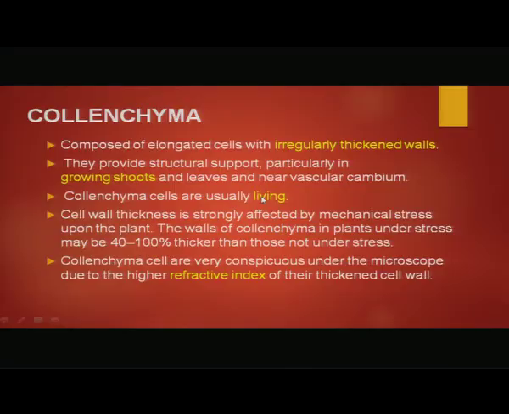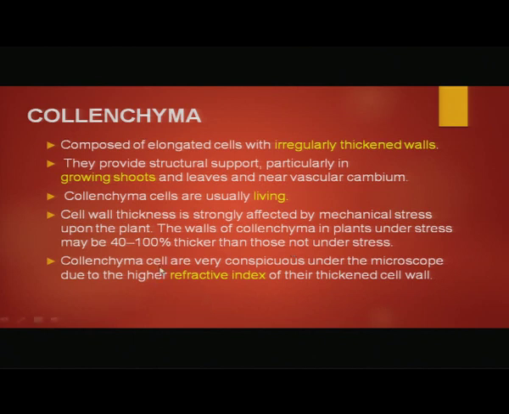The cells here are usually living because the cell walls are not very stiff, and the cell wall thickness is strongly affected by mechanical stress. If the plants are under mechanical stress, suppose the wind is blowing very hard at a place, then under such conditions the collenchymatous walls will be 40 to 100% thicker than in those plants where there is no such stress.